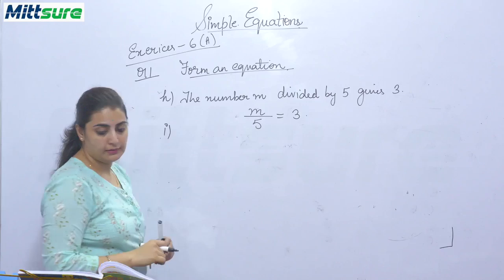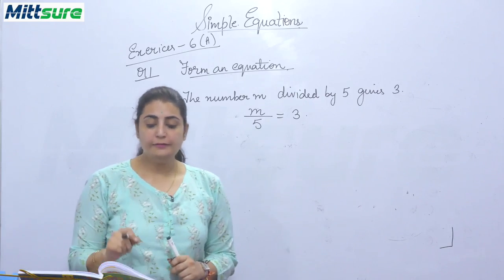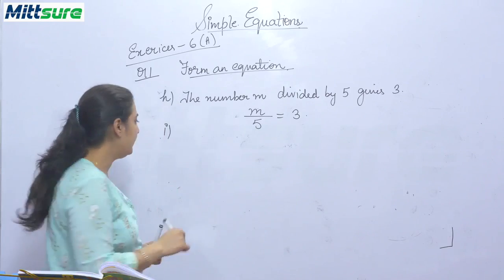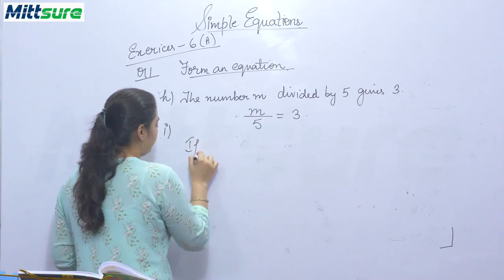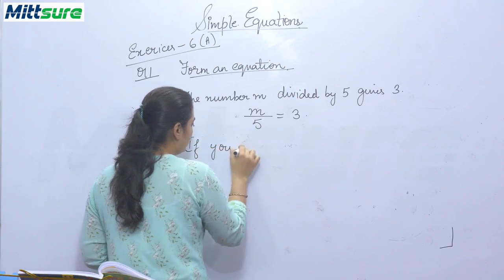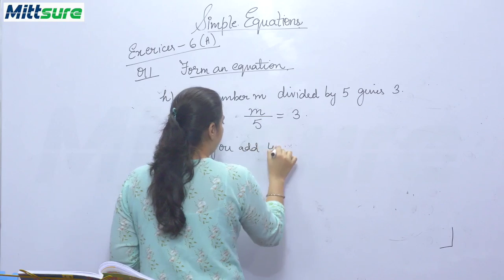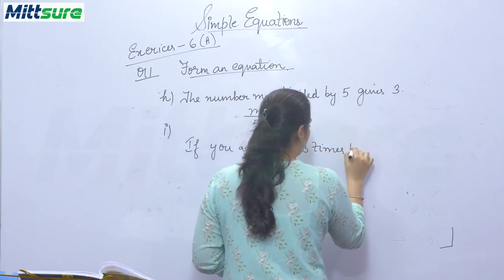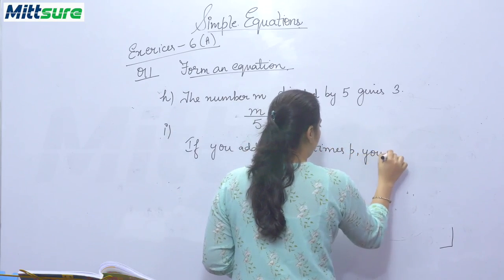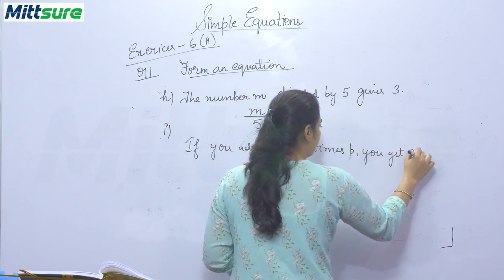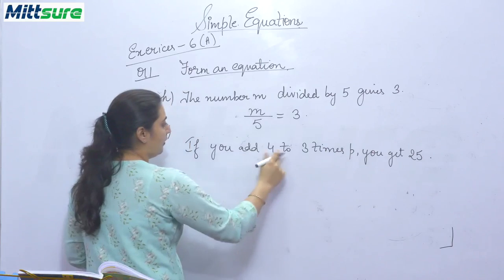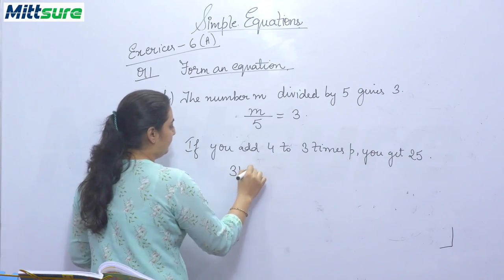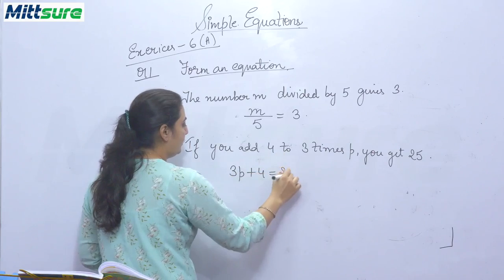Now the I statement is: if you add 4 to 3 times p, you get 25. So 3p plus 4 gives you 25.